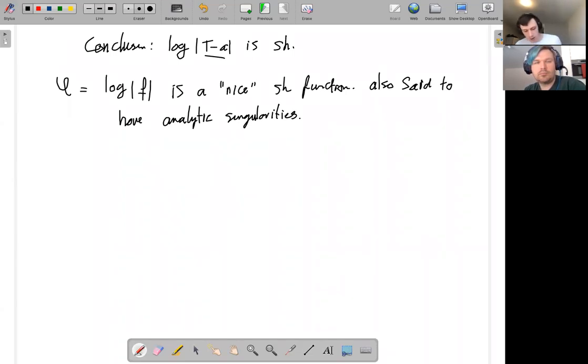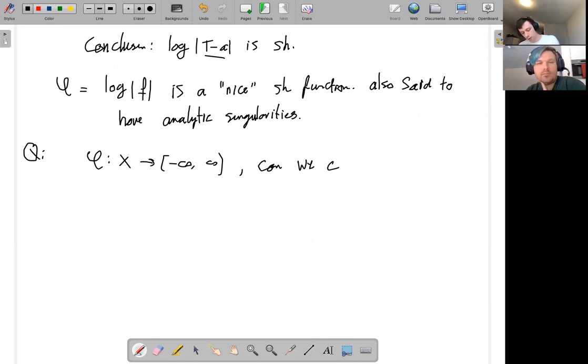So the point is, like what we did before, if you start from an arbitrary subharmonic function, to approximate it by something which has analytic singularities. So this is our question.